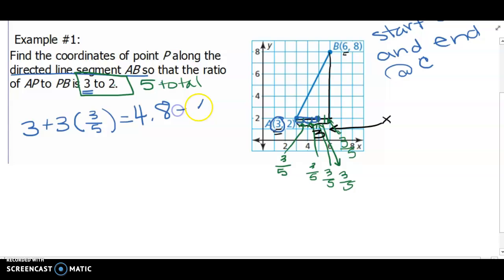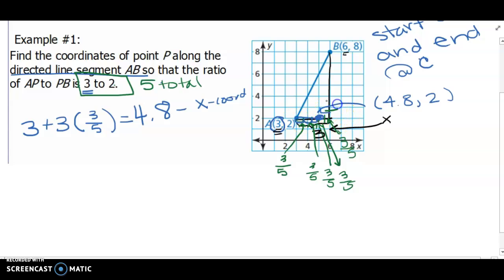And once again, this is my x-coordinate. In other words, the x-coordinate of this point right here is 4.8, comma, of course my y hadn't changed. Now I want to find my y-coordinate where I cut this into 3:2 parts.